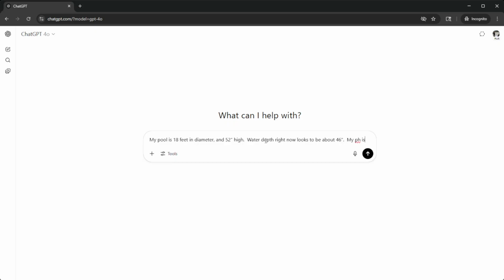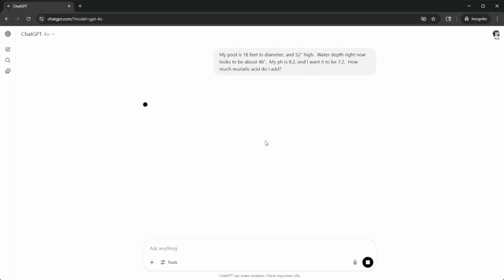My pH is 8.2 and I want it to be 7.2. How much acid do I add?